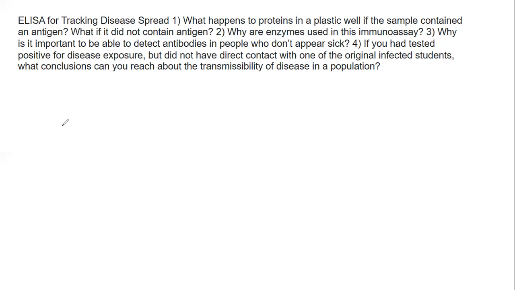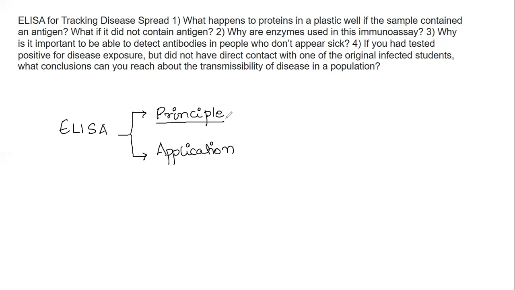Now, of the four sub questions, the first two are based upon the working principle of ELISA, whereas the next two depend upon the application of ELISA. Let us understand the principle so that we can answer the first two, and based upon the working principle, you'll automatically get to know the application, which will help us answer the next two.